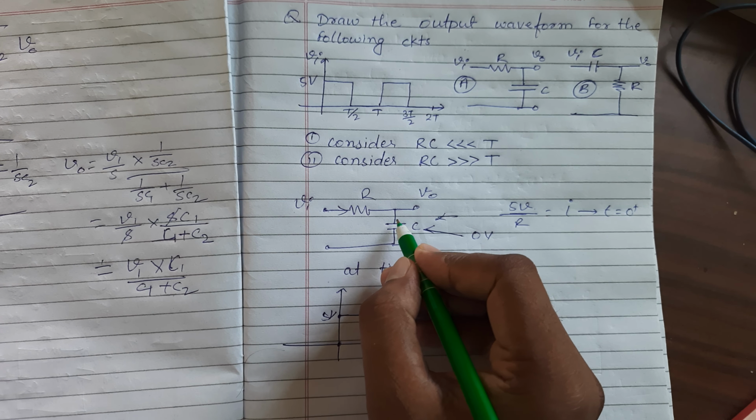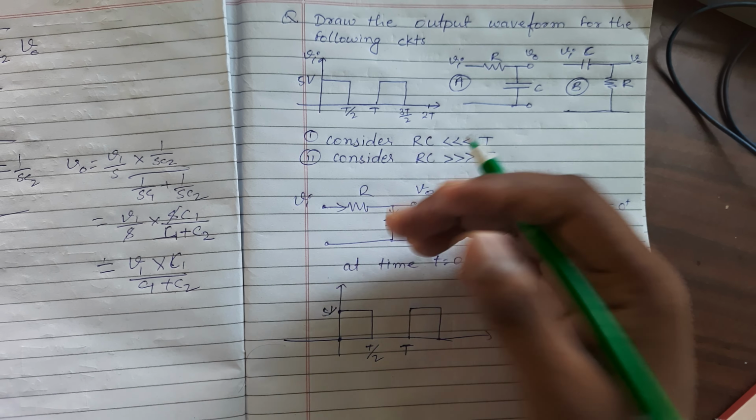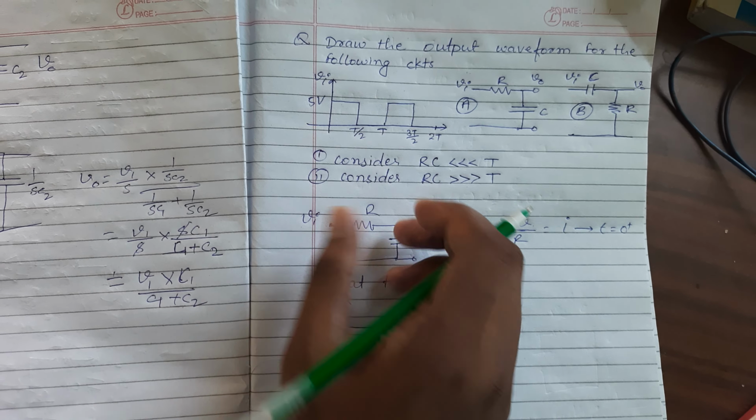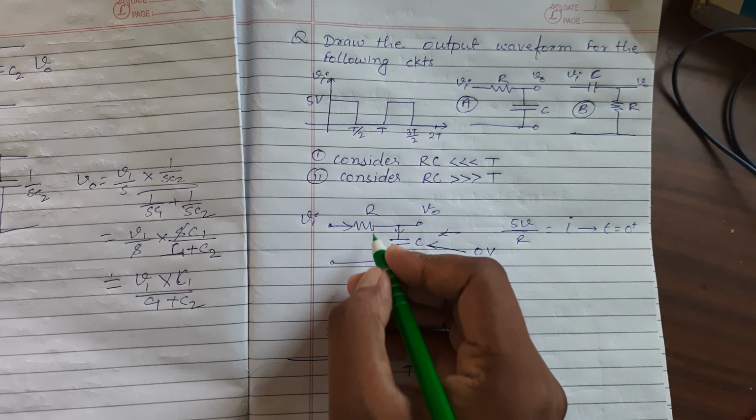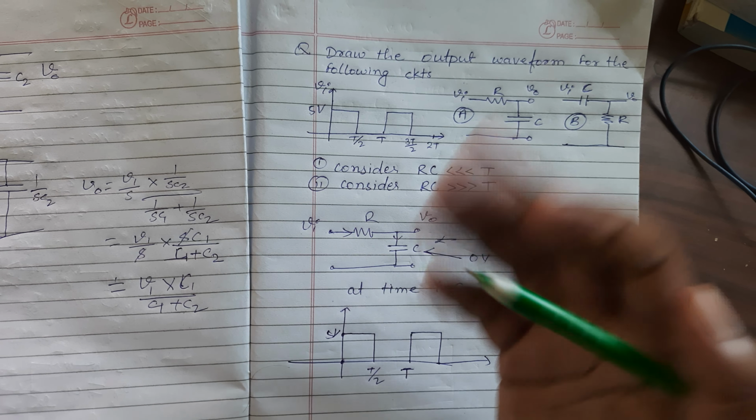As the current starts going into the capacitor, it will start charging, and the voltage across this capacitor will start rising. As the voltage rises, the difference in voltage across this resistor will decrease, and hence the current into this resistor will decrease also.